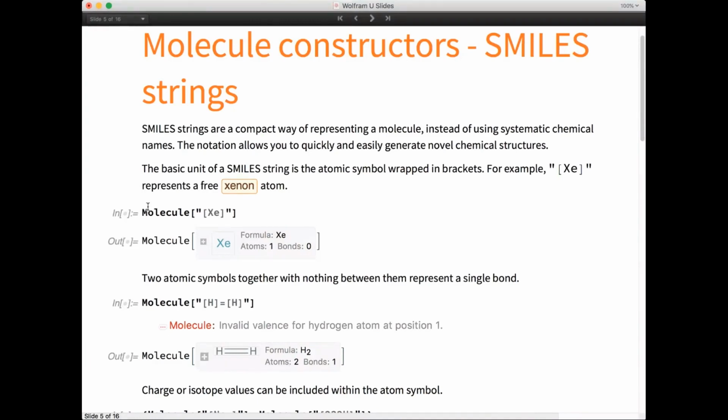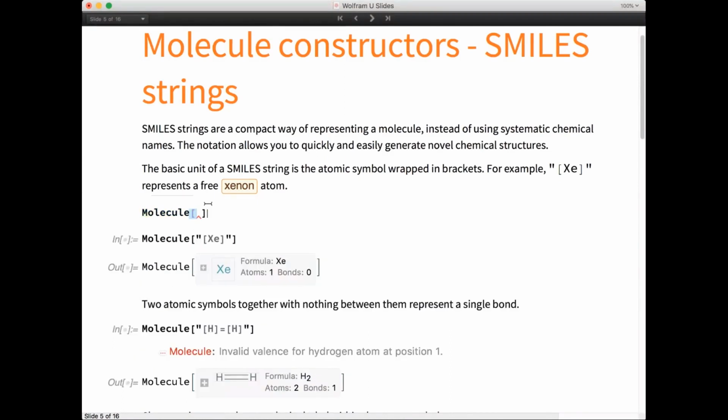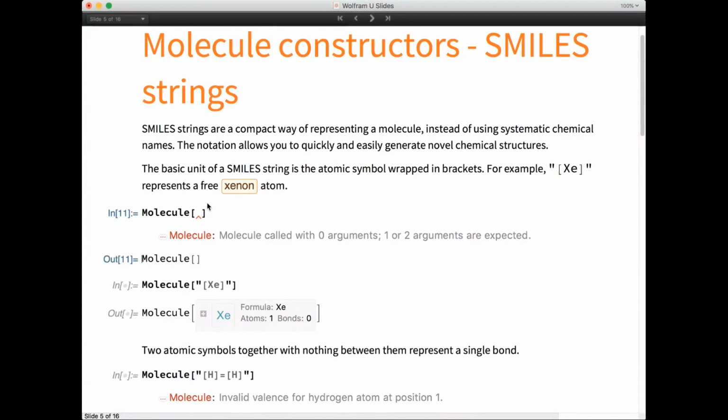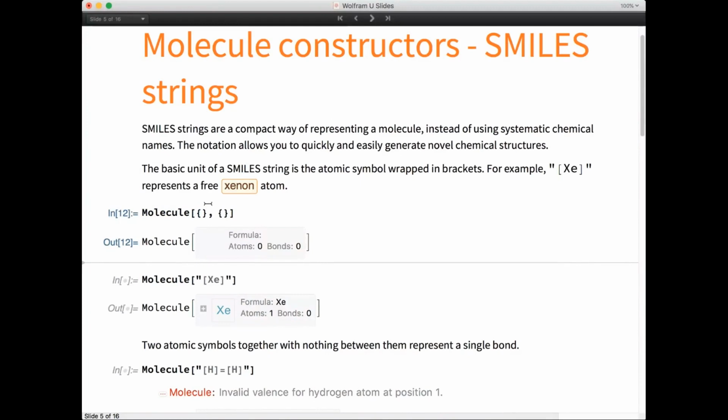But what we're dealing with here is a symbolic representation of a molecule. It's a data structure, right? And the data structure allows you to have disconnected atoms. It allows you to have just one atom. It would allow you to have no atoms, right? So we have to give it an empty list of atoms, empty list of bonds. And that's a convenience for programming.